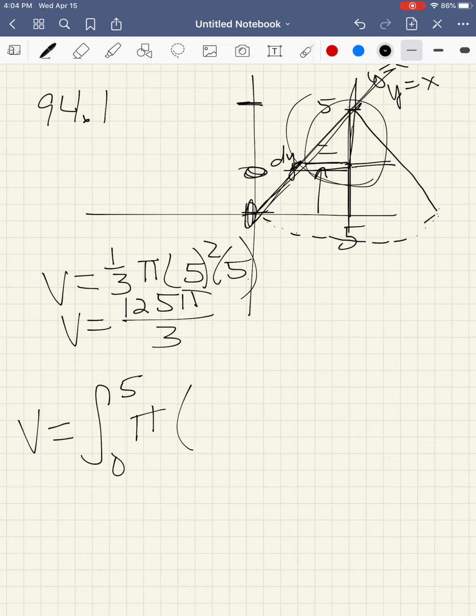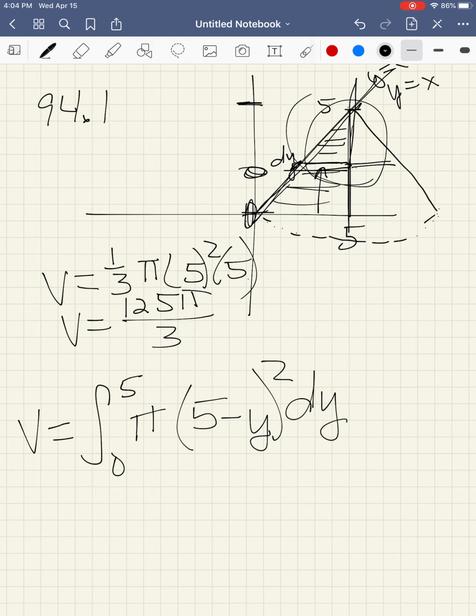Remember, these slices are going to move. We're going to get slices all the way, but the radius will always be 5 minus whatever the y value is. And then times the width of the slice gives us the volume.